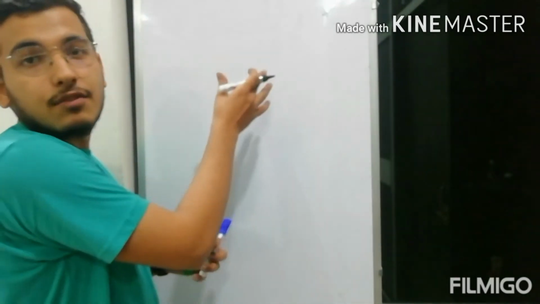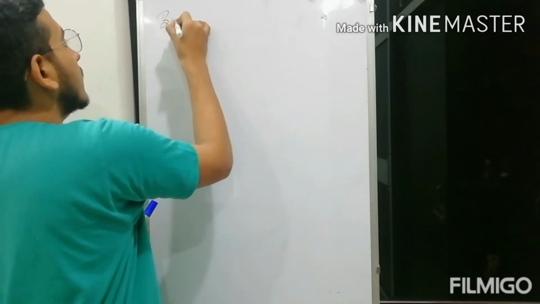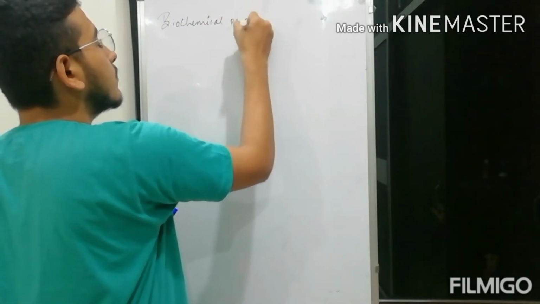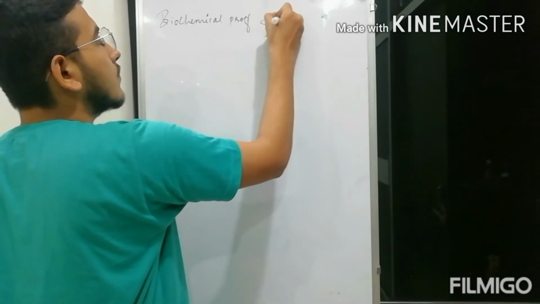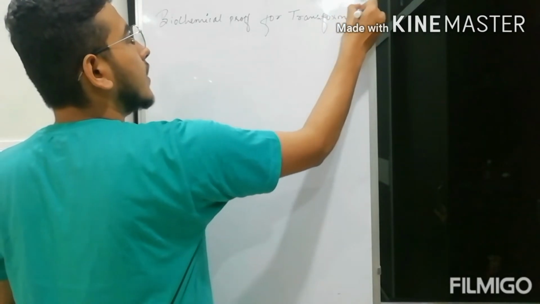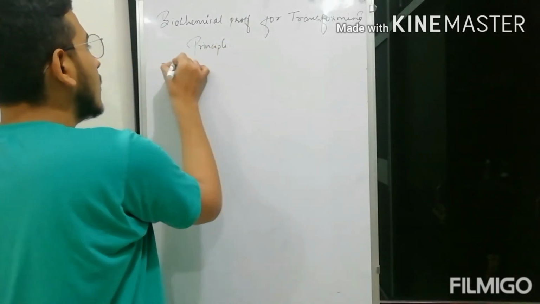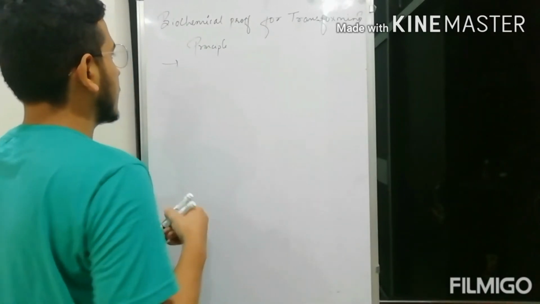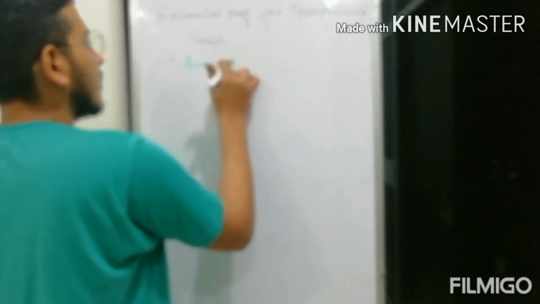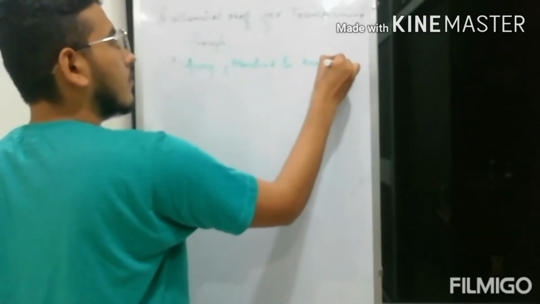So we saw the transforming principle. The biochemical proof for the transforming principle was given by Avery, McLeod and McCarty.